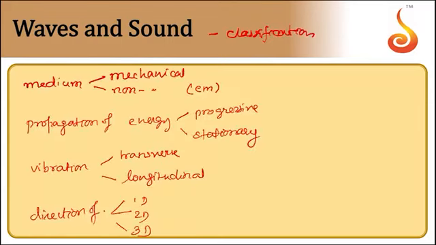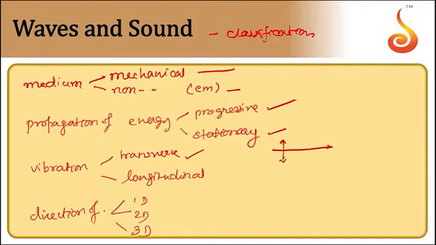Suppose we go back, in the case of mechanical waves, a medium is required. In the case of non-mechanical waves, no medium is required. If there is a progression of energy, if energy is transferred from one place to another, it is a progressive wave. If the energy is confined in a part of the medium, it is stationary. In the case of transverse waves, the particles of the medium move in a direction perpendicular to the propagation of energy.